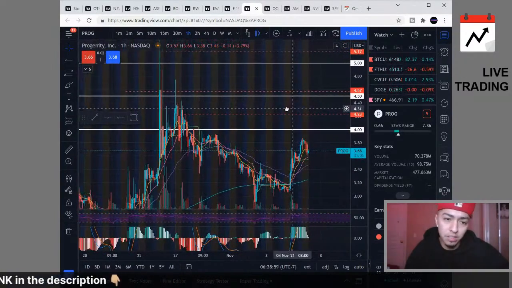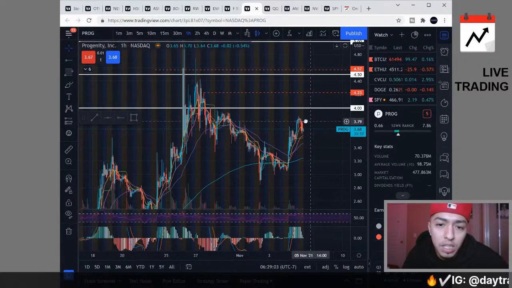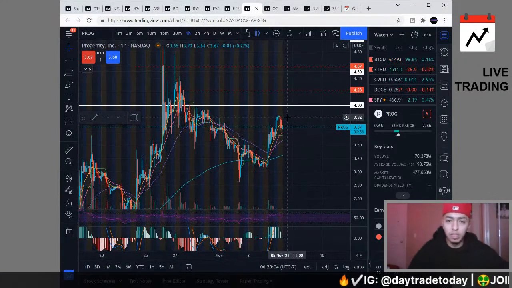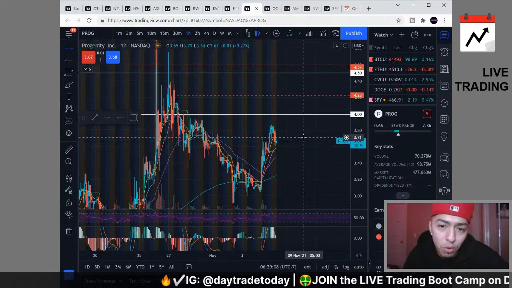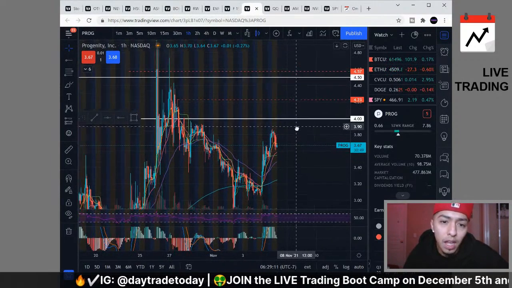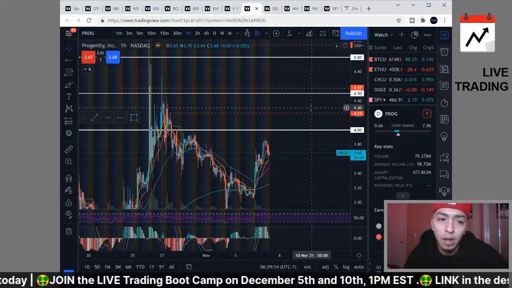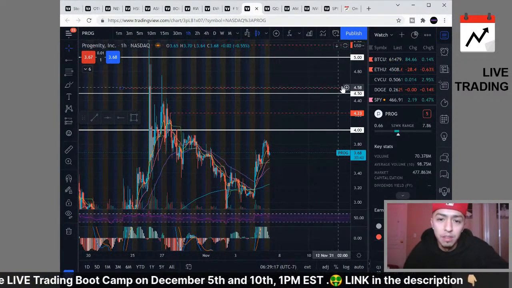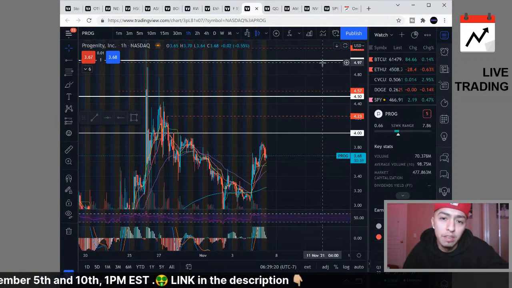So the first, risky entry on PROG would be 4.23, and you would exit around 4.40, 4.50. The secondary entry will be 4.57, and you'll exit maybe between 4.80 and $5.